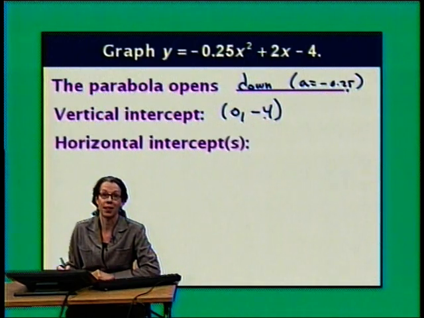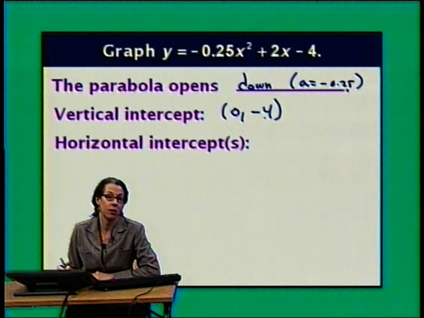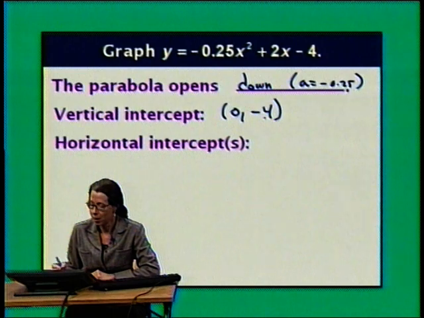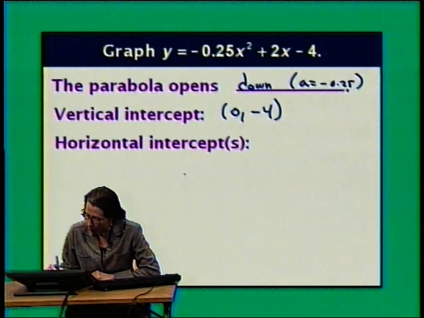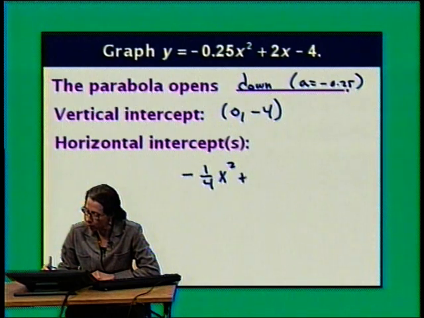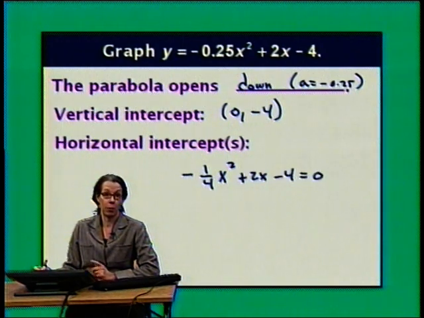Horizontal intercept. I'm going to have to work. Now what I notice here is my leading coefficient is negative 0.25. That's the same as negative 1/4. So I think I'm going to write my quadratic equation as negative 1/4 x squared plus 2x minus 4 equals 0. You may wonder why I did that.